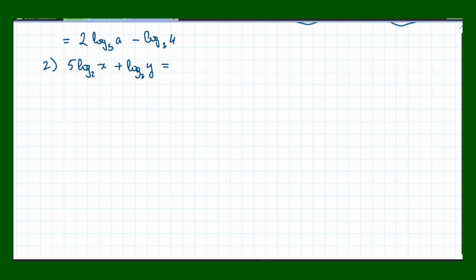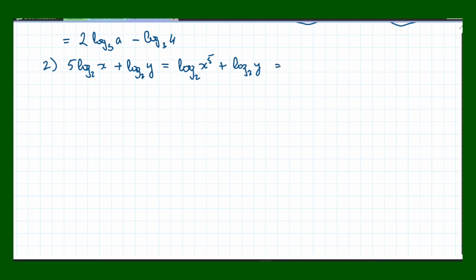So I can replace 5 log 2x by log 2x to the 5th plus log 2y. Why is it good for me? Well, it's good for me because now I've got the same log bases with an addition between them.